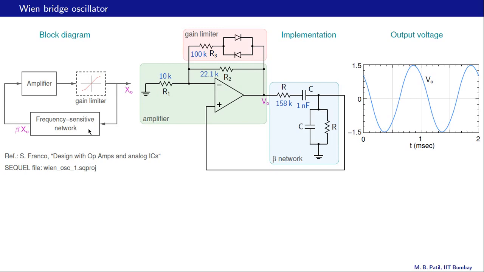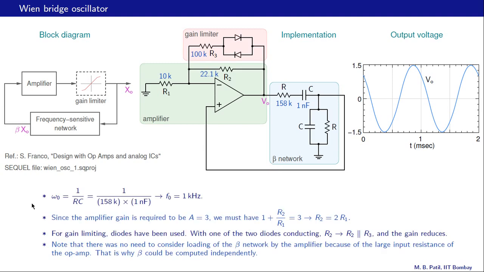What about the frequency sensitive network? That is this beta network, and we have looked at that in detail. The oscillation frequency, as we have seen earlier, is 1 over RC in radians per second. And when we substitute these values, which are the same as what we saw in the last slide, the frequency of oscillation in hertz turns out to be 1 kilohertz.